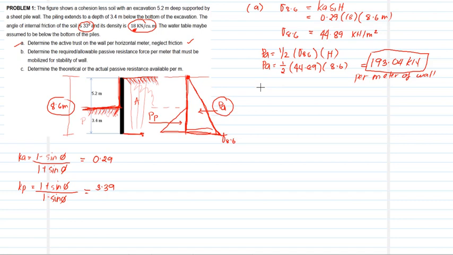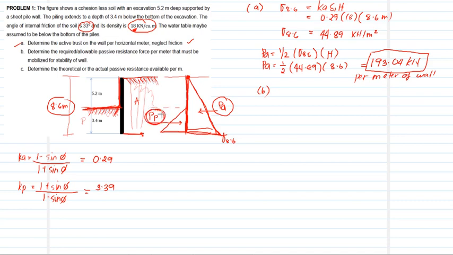So, for letter B, sabi natin, we have to determine the allowable passive resistance force per meter that must be mobilized for the stability of the wall. So, dapat walang overturning dito sa wall natin. Dapat stable lang siya. So, anong gagawin natin to solve for our required allowable passive resistance? So, ang hinahanap natin dito is etong PP.